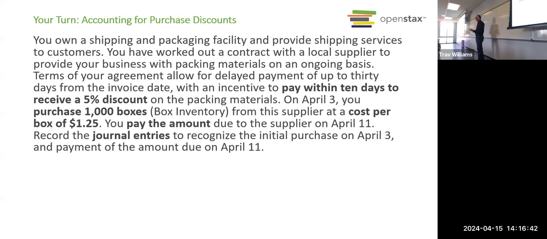But since we are in the packaging business, we might resell these boxes to customers, and that makes it inventory. Okay. So we debit merchandise inventory, but we didn't pay right away, right? So what would we credit? Accounts payable? Correct. Okay.